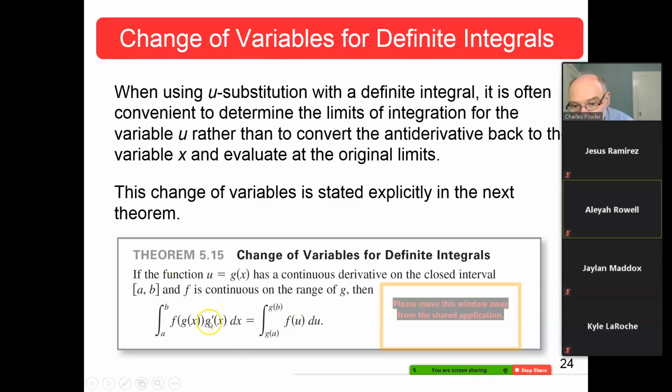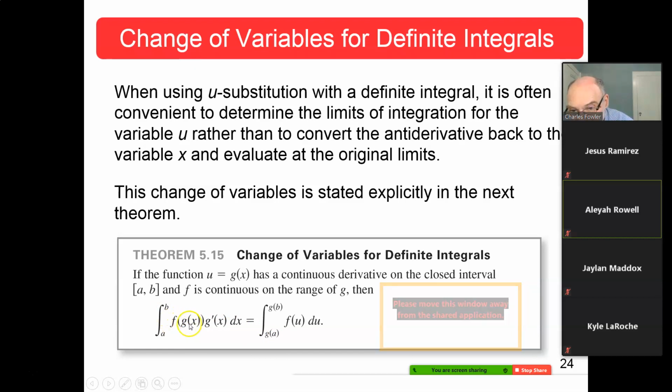But you see, you change your variable from going from a to b, that's your x values, to when you evaluate g at a, that gives you g of a as the bottom value, because remember, u is equal to g of x. So put in the a for the x, and you get g of a, that's your bottom limit.